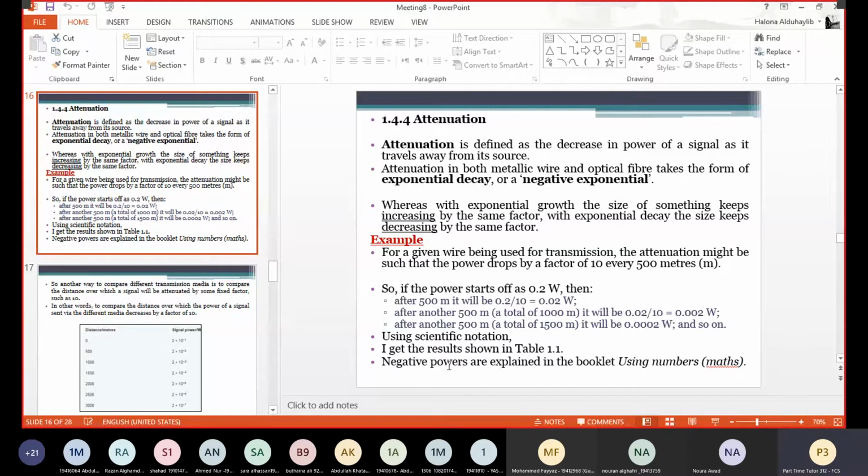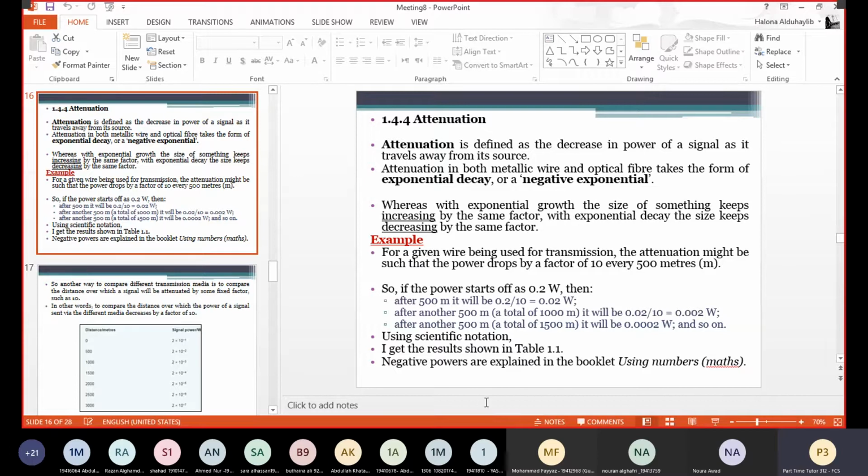We can express this decrease of the power by using scientific notation rather than typing 2 out of 10 watt, 2 out of 100 watt, 2 out of 1000 watt. We can represent these values by using the scientific notation, which is the power of 10.